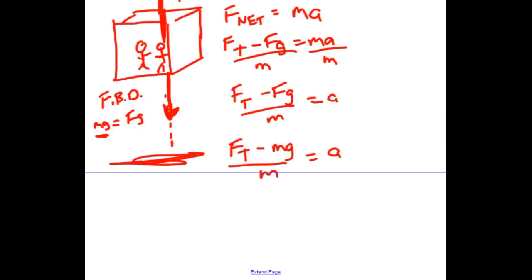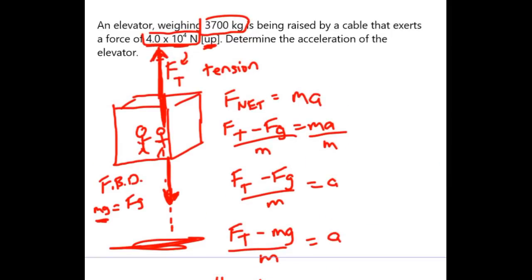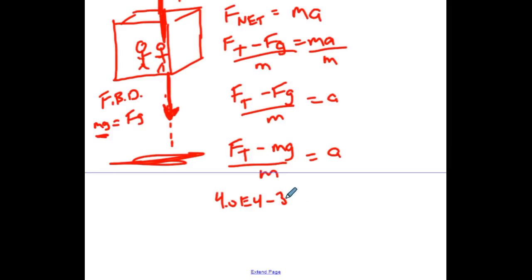So here's how this formula is going to look then. Our tension was 4.0 times 10 to the 4. We are going to subtract the mass, which was 3,700, multiplied by gravity, and we know the effect of gravity on Earth is 9.81, and then we're going to divide that again by 3,700.